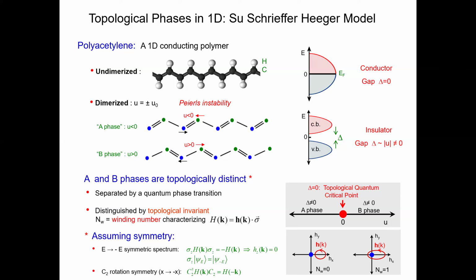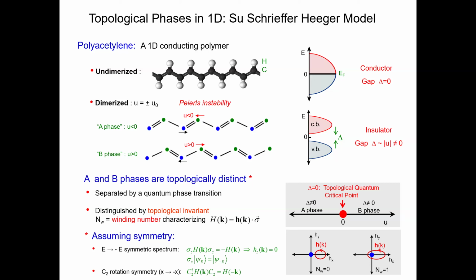In particular, the Hamiltonian only connects the blue atoms to the green atoms, so it only involves the off-diagonal components. You can always write any 2x2 matrix as a combination of the identity matrix, which is just a constant that doesn't really do anything, plus some combination of the three Pauli matrices. In this case, the Hamiltonian only involves the off-diagonal Pauli matrices, sigma x and sigma y.